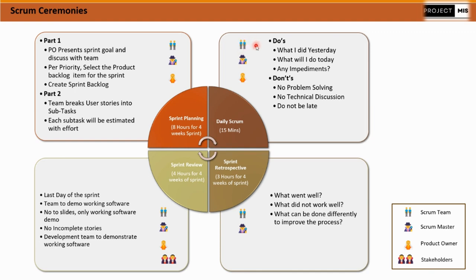One important thing here: this call is not organized to share status updates with the Scrum Master or product owner. The purpose of this call is for the whole team to understand what is going on with the sprint, whether it is the product owner, Scrum Master, or the development team.